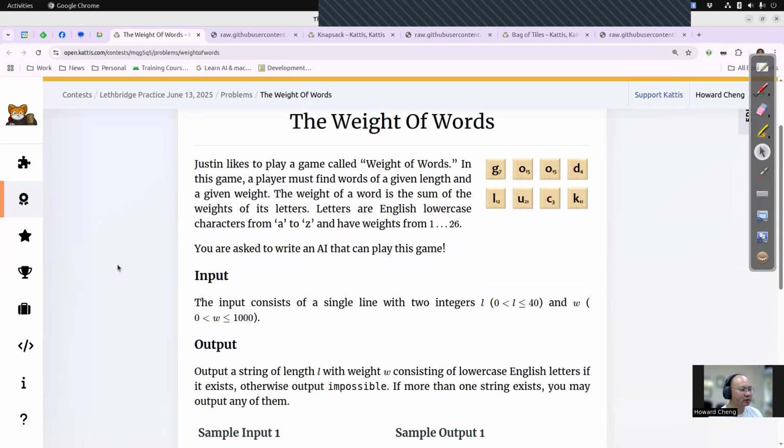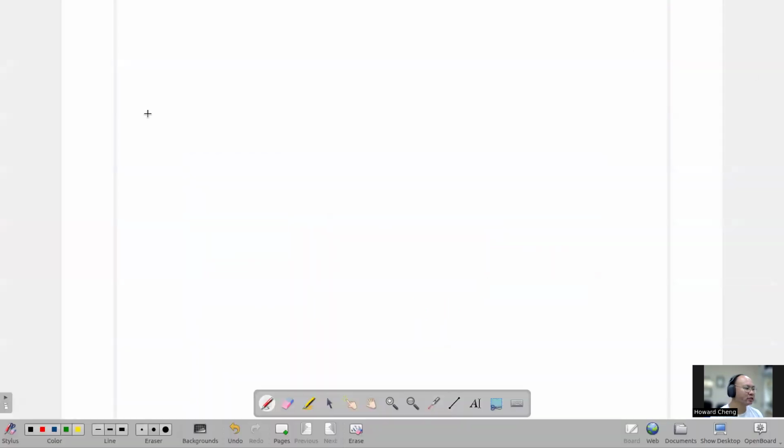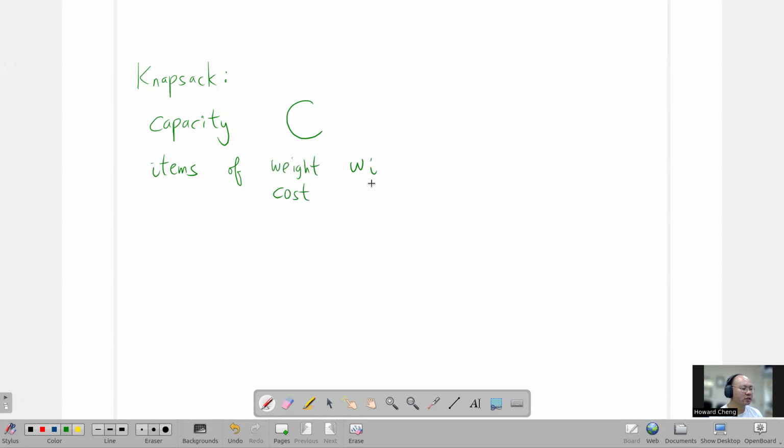Now knapsack, let me just remind you what a knapsack is. So knapsack usually has something of this setup. You have a knapsack of a certain capacity, capital C. And then you have a bunch of items of weight WI, and cost.